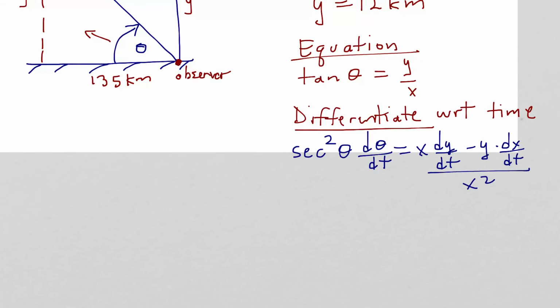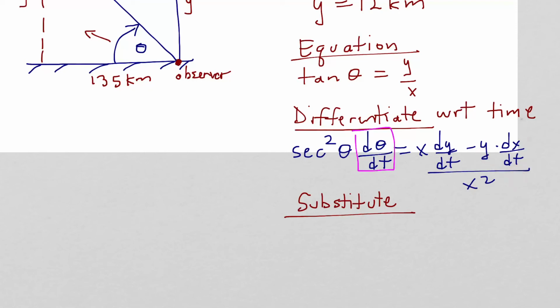Now we'll go ahead and do our substitutions. We need the secant squared of theta. We need d theta/dt. That's what we're solving for, so we don't know that. This is our unknown. And then we need x, dy/dt, here's x again, we need y, and we need dx/dt.